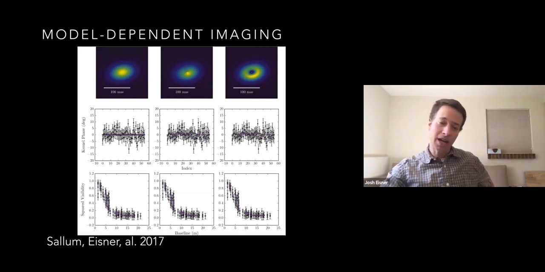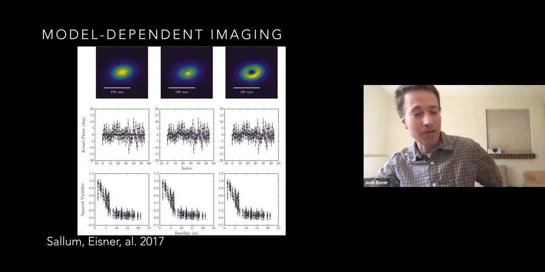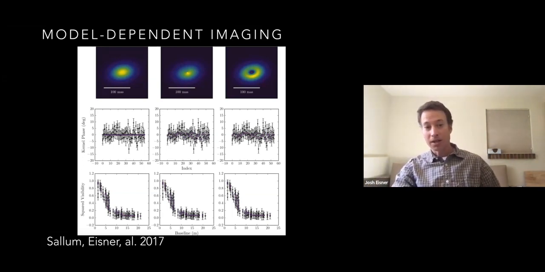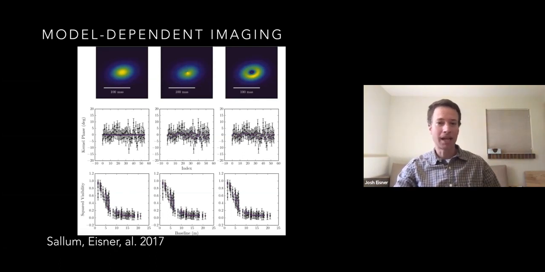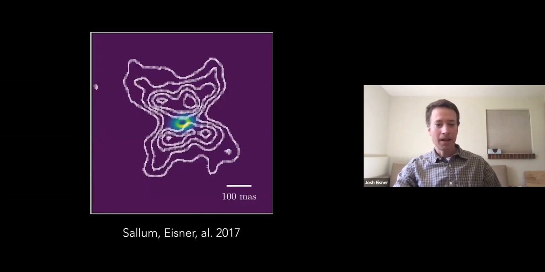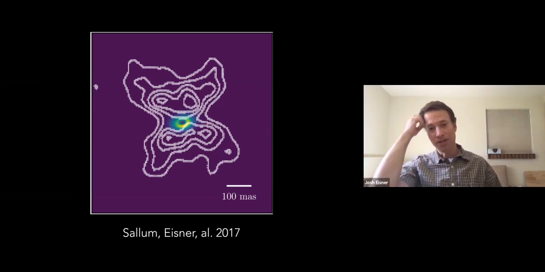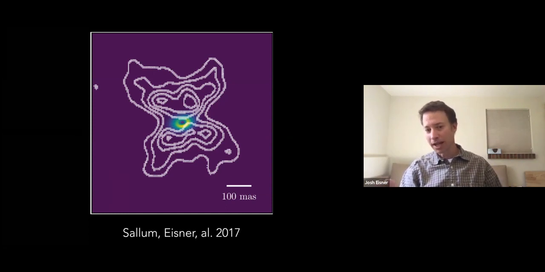So this data I've been showing on MWC 297 is really quite exciting for us because we could just make an image and see all the complexity and not have to worry about the physics of what was causing it. We could then think about that later. This is what the MWC 349 image looks like, superposed on a radio image of recombination lines, where you can see this outflow traced on larger scales and the more or less highly inclined disk in the middle of it.